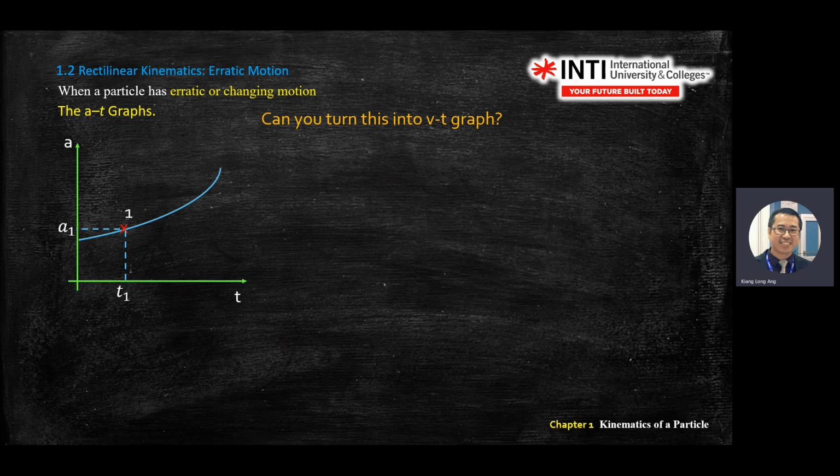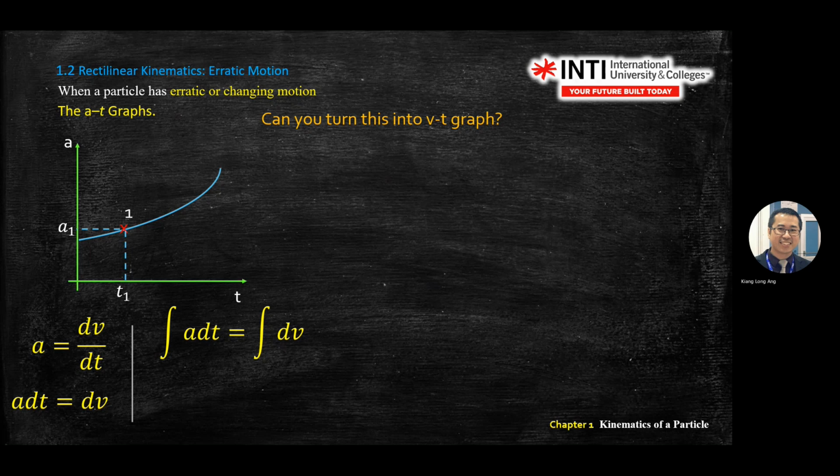Make sense? Now, what does it mean? This is what I wrote on the white screen. A equal to dV over dt. You integrate A dt equal to V. A is this one. So integrating A dt on the AT graph means the area under the graph.